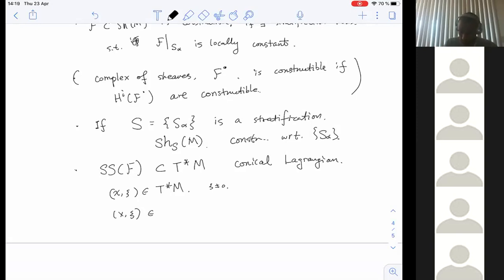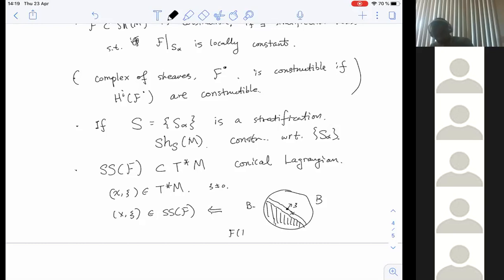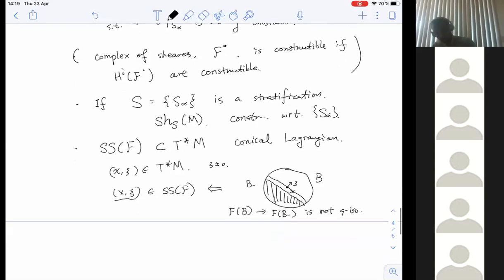It is in the singular support of F if around this point you can choose a small ball and choose a hyperplane with conormal C, and you have a ball here and this sub ball, half ball, B minus. If the restriction map F(B) to F(B minus) is not a quasi-isomorphism, then this point is in the singular support of F.